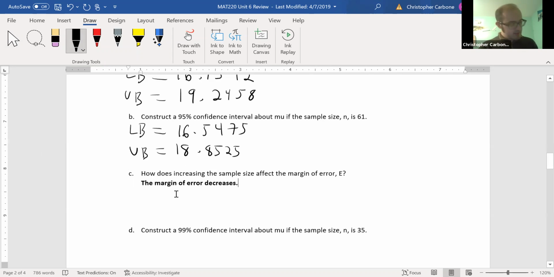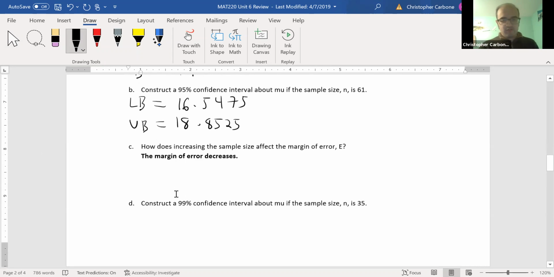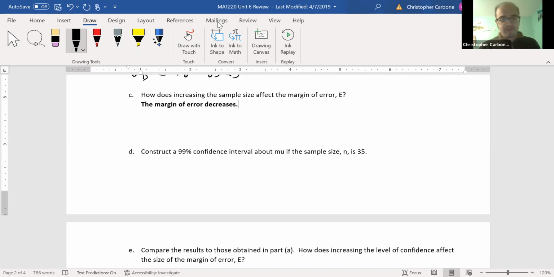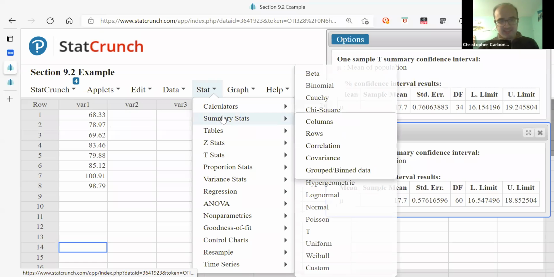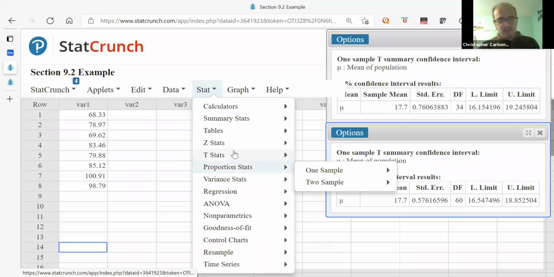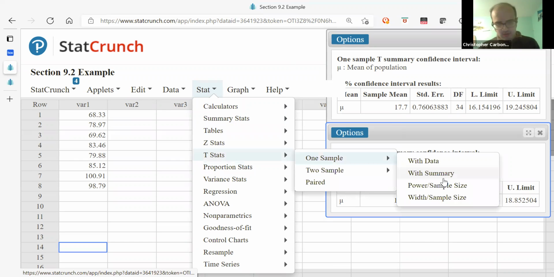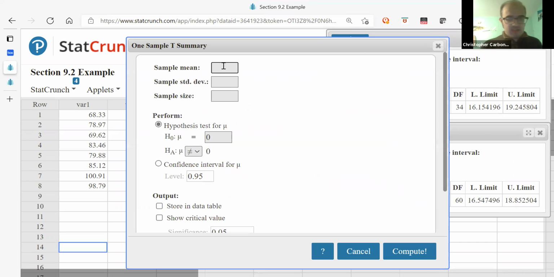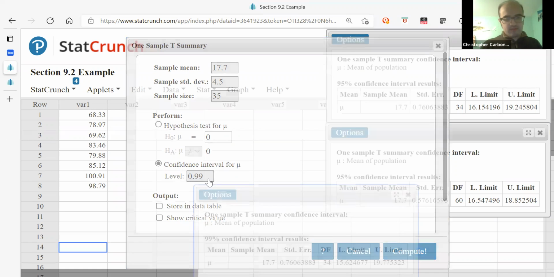Next, we want the 99% confidence interval with that same sample size 35. So this would be, again, Stat, T Stats, One Sample with Summary. Sample mean again of 17.7, sample standard deviation of 4.5, sample size of 35, but now we want our confidence interval to be 0.99.